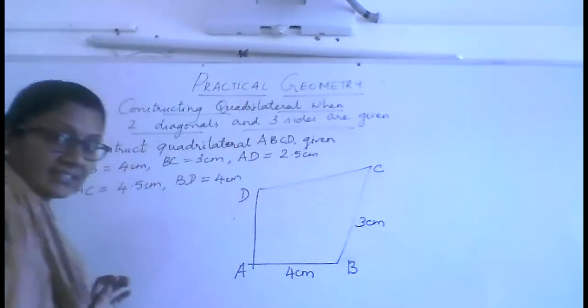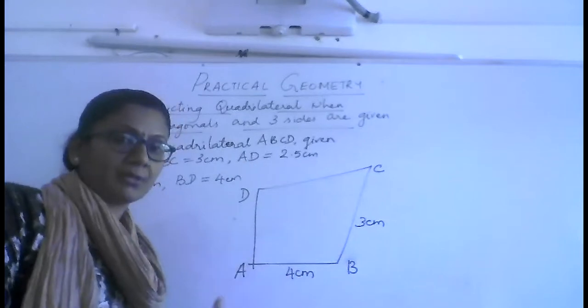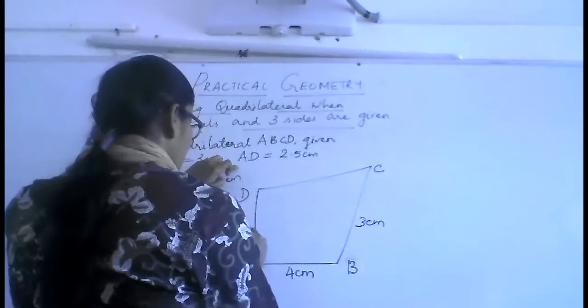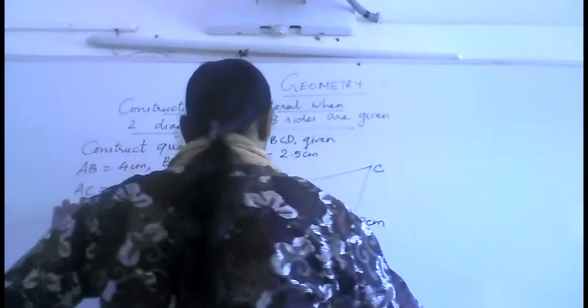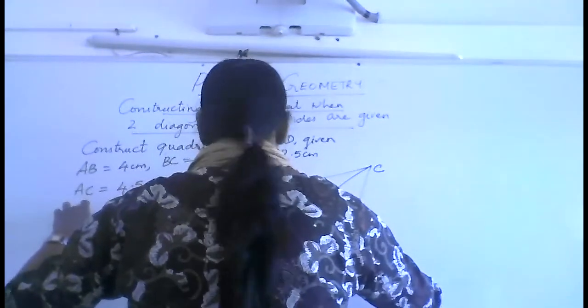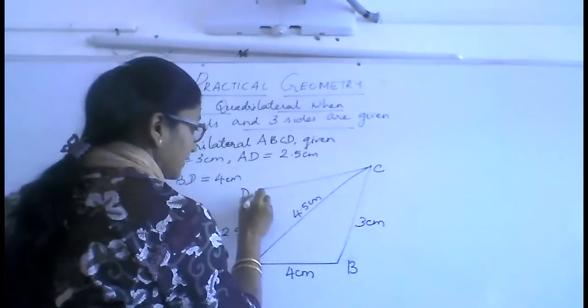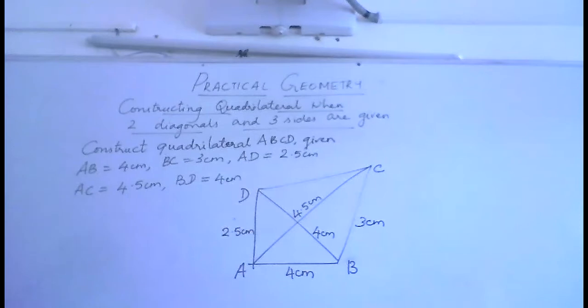It is the rough sketch that we are trying to draw to understand from where we are going to start and how we are going to complete the construction. AD is 2.5. AC is 4.5. AC is the first diagonal which is given to us, 4.5 centimeters. And BD, the second diagonal, is given to be 4 centimeters. So this is how the rough diagram should look.